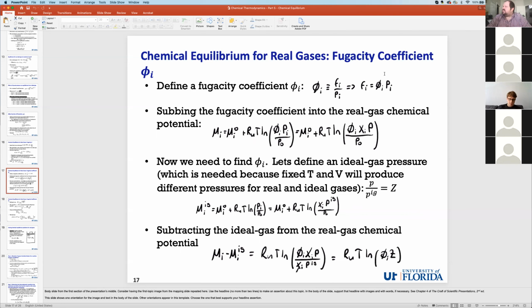So I'm going to take this and substitute it into our definition of the real gas chemical potential, and we get this expression here. And then I'm going to substitute in that P_i is equal to the mole fraction of species i times P. And so now it looks like I made a huge mess because I just exchanged not knowing f_i for not knowing phi_i.